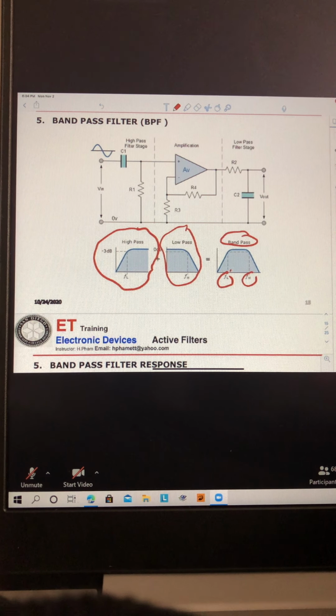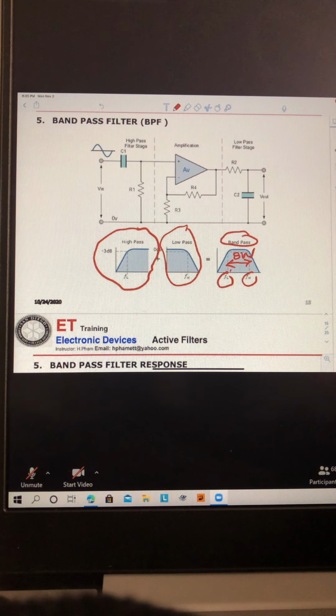Any signal with a frequency higher than F low and less than F high is allowed to pass. Any signal with a frequency higher than F high will be rejected. So the band pass will be from F low to F high. That's what they call the bandwidth or pass band.